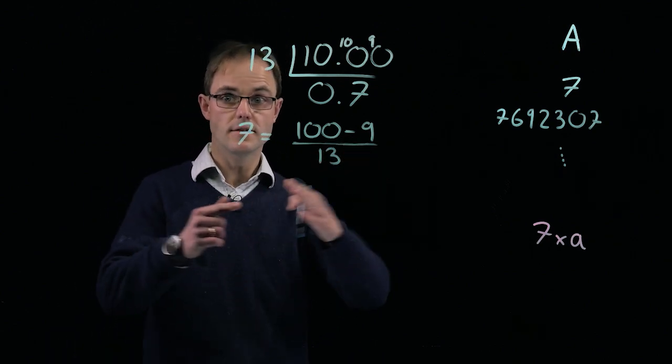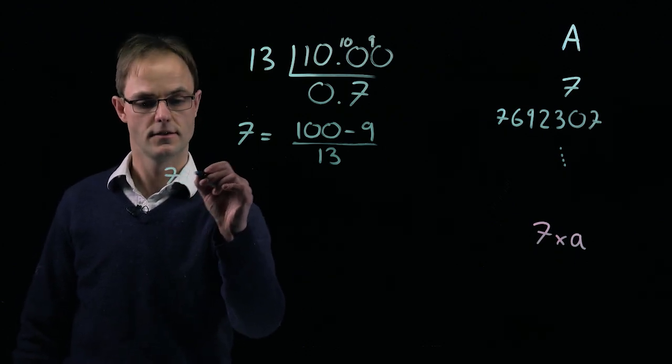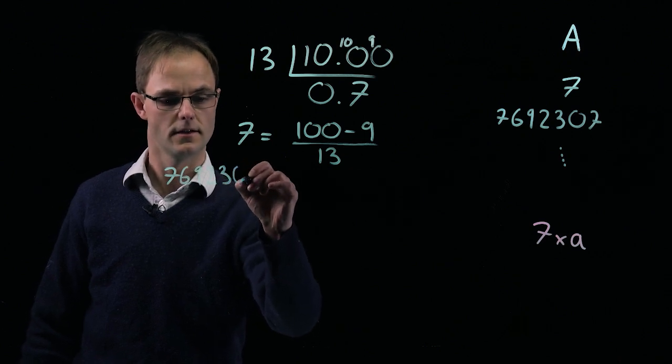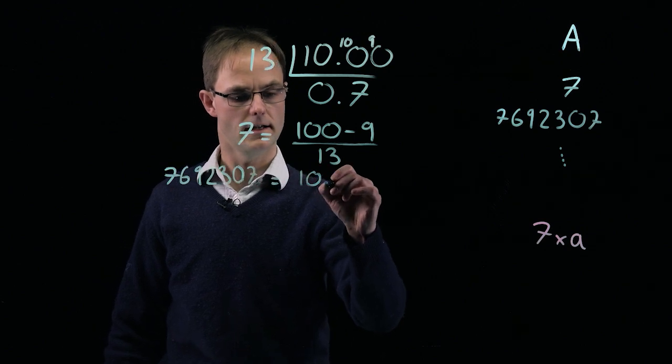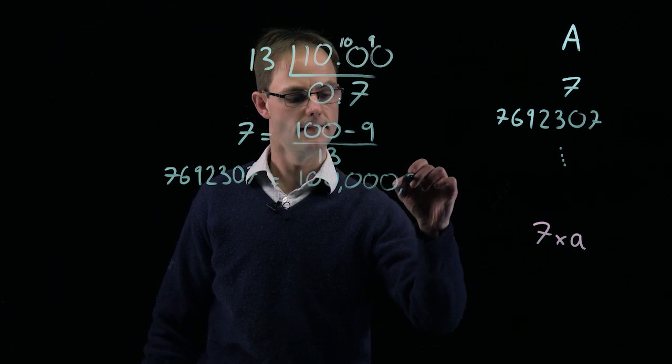In the same way, if we continue the division, we learn about the number 7, 6, 9, 2, 3, 0, 7 is, I think we're going to need 8 zeros.